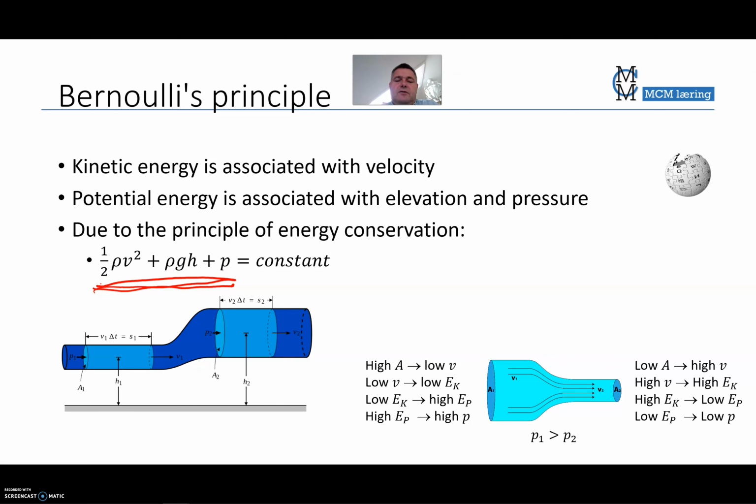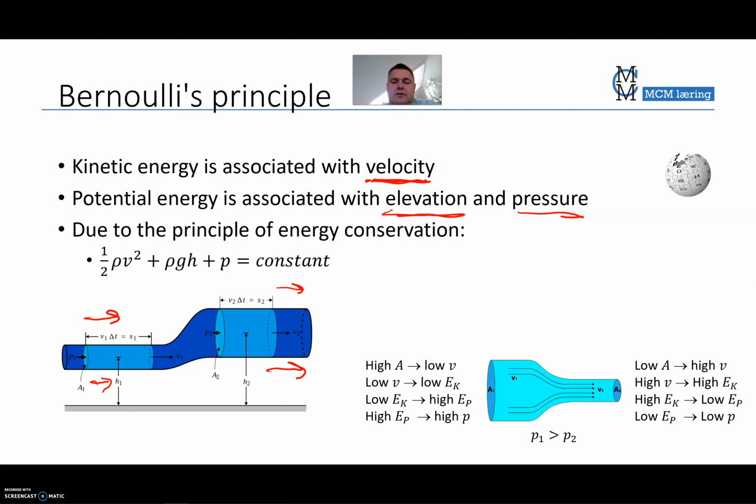What we really have is that the kinetic energy, which is associated with velocity, and the potential energy, which is associated with elevation and pressure, the sum of the two must be equal everywhere in the pipe. So here we have high velocity, which means high kinetic energy. Here we have low velocity, low kinetic energy. So here the potential energy must be low, and here the potential energy must be high.